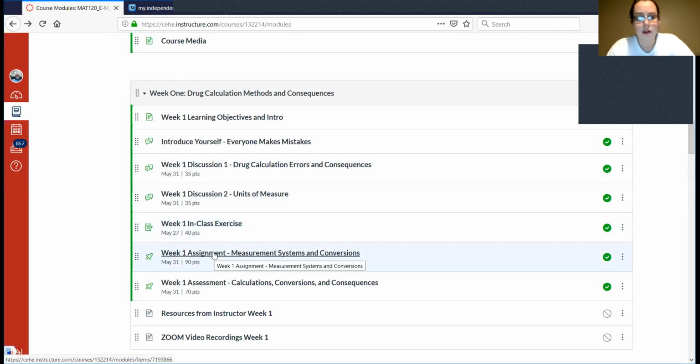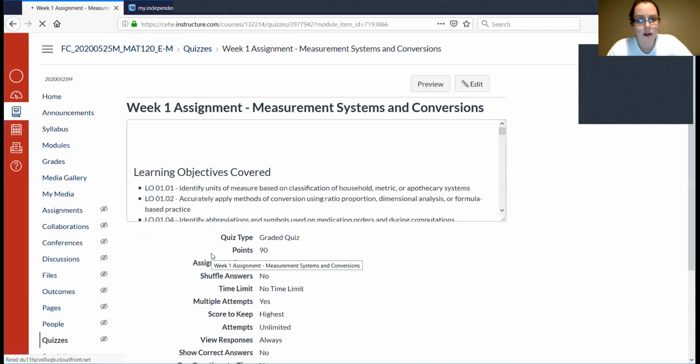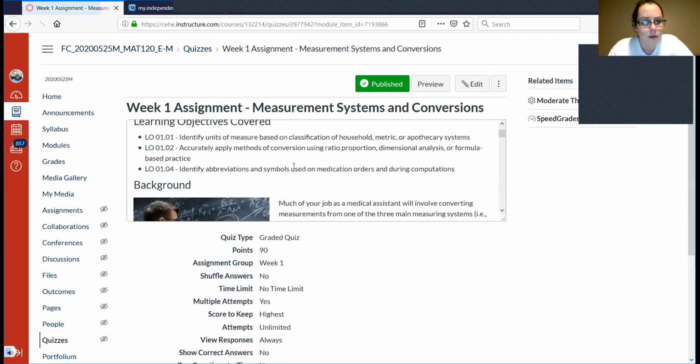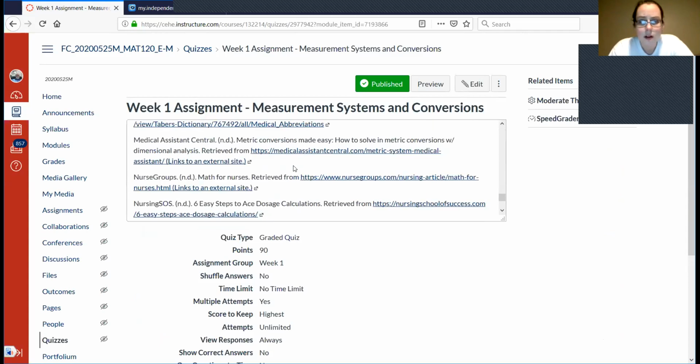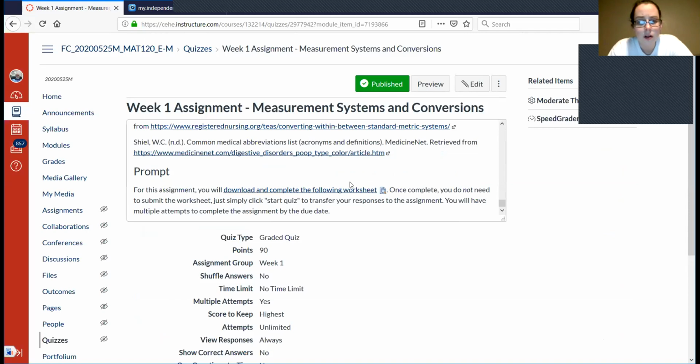And the assignment structure, I'll just pull this up, I'll go down to the prompt because the other material there is useful, but it's a worksheet. I don't know if you've had the classes where you fill out a worksheet and then essentially take a quiz to answer those questions. Basically, this is a study quiz.